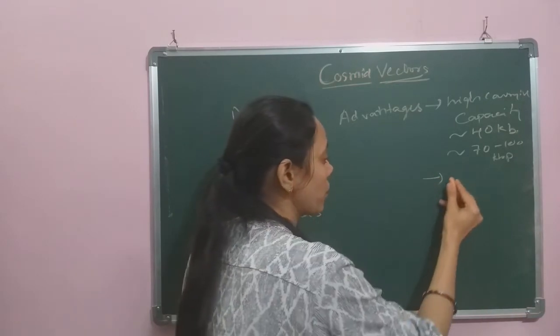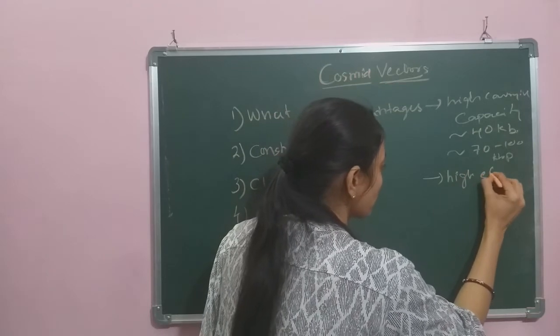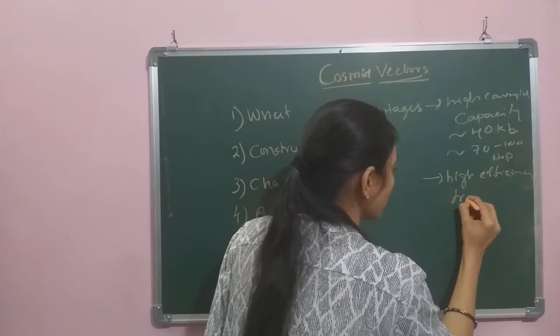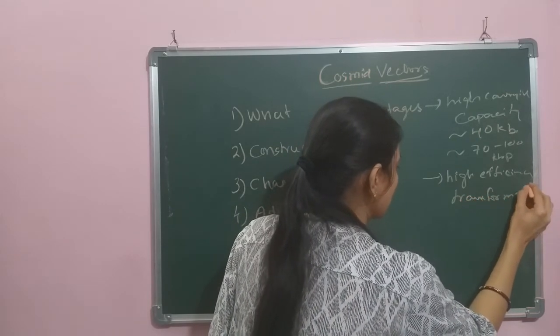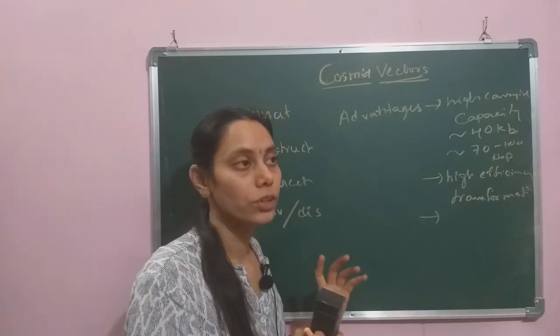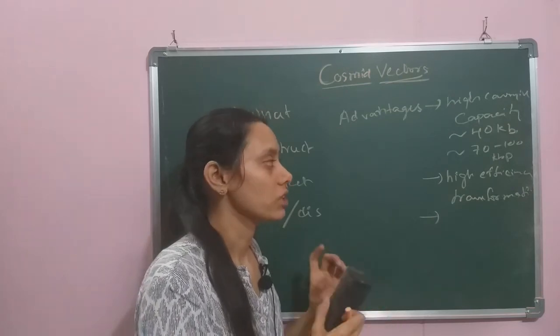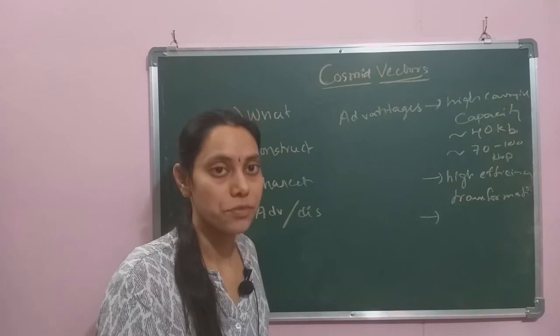Coming to the next advantage, that is high efficiency transformation. So due to the use of the live viral system, here the gene of our interest will be highly efficiently transferred.